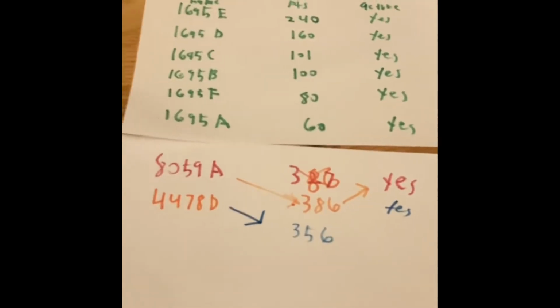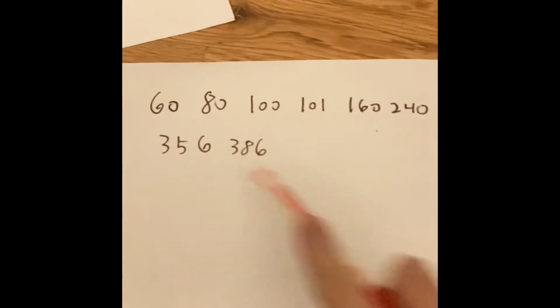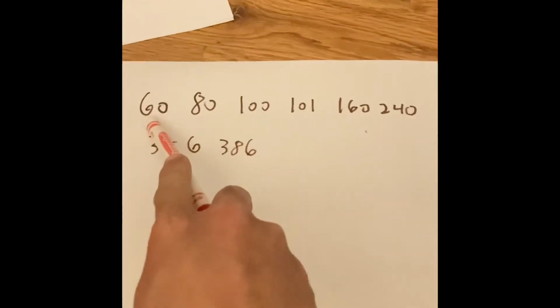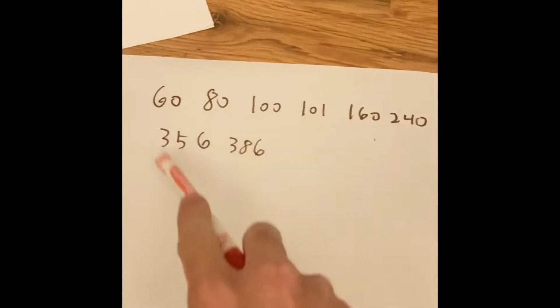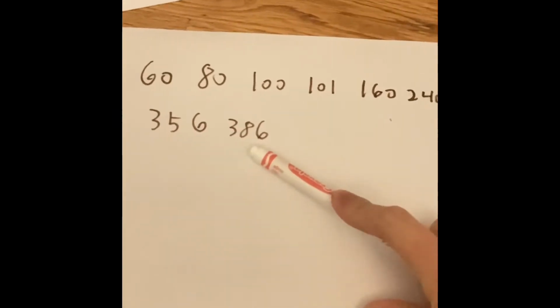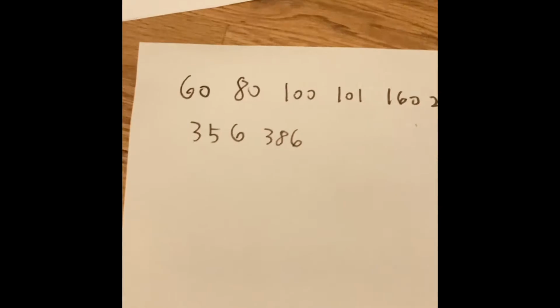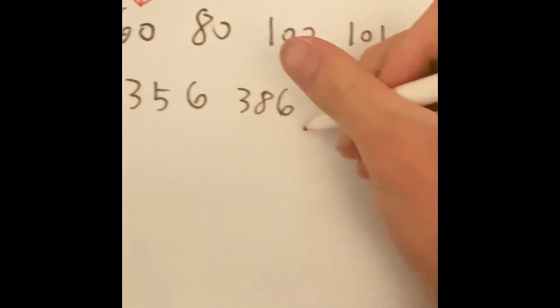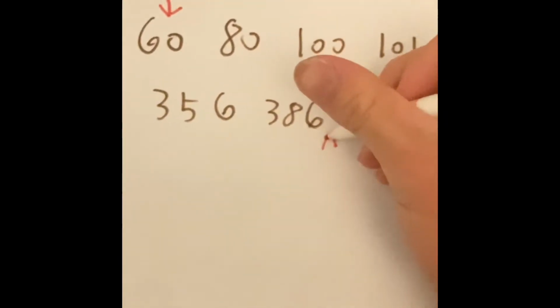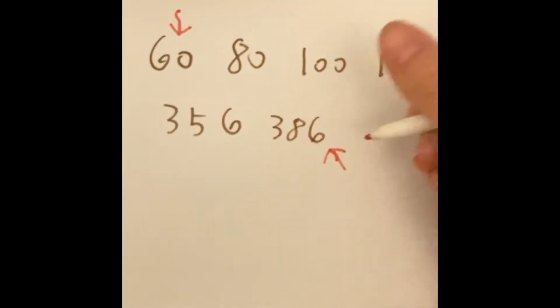Okay, so we did put the numbers from least to greatest. The smallest number is 60, and it goes all the way up to 386 points. So we know that 60 is the smallest number of them all, and 386 is the largest number.